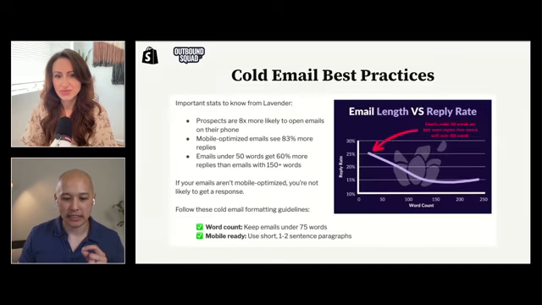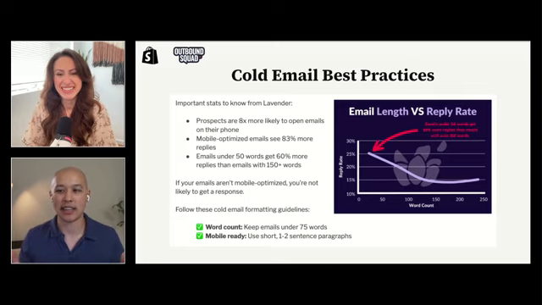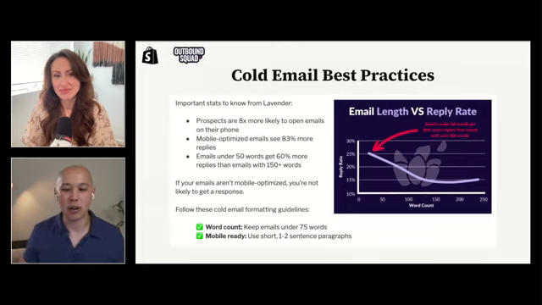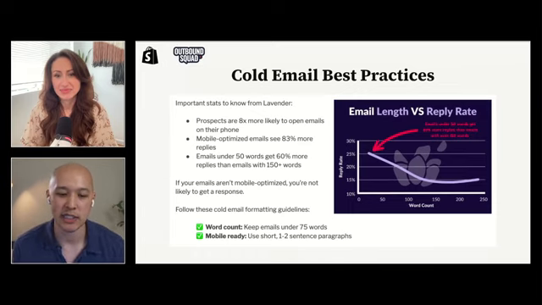Cold email best practices. We could have done a whole 90-minute session on cold email or cold calling, by the way. So I'm going to give you the TLDR on this. I'm going to try to thin slice some of this stuff as much as possible. The important thing you need to know about email right now is that prospects are 8 times more likely to open emails on their phone. And if you optimize for mobile properly, the response rates are going to increase.